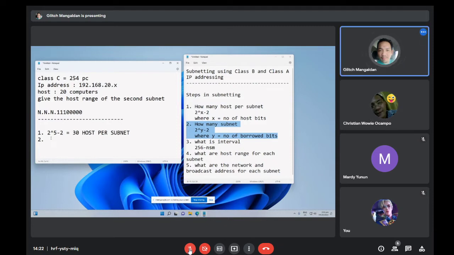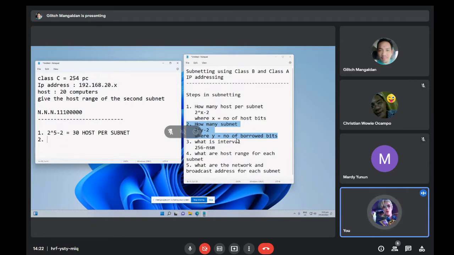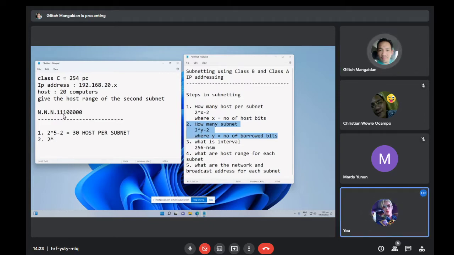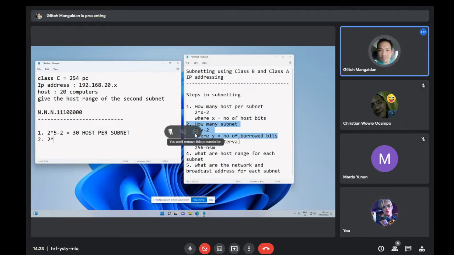Okay, Jelina. Take over. What is the answer? How can we get the how many subnets? Okay. So, 2 raised to... Yung y natin is the number of barrel bits according to the rules.